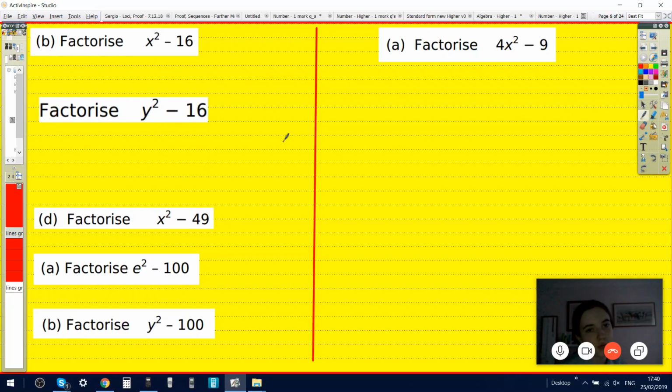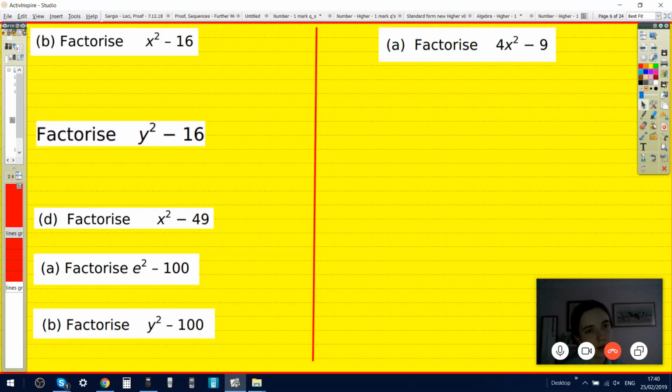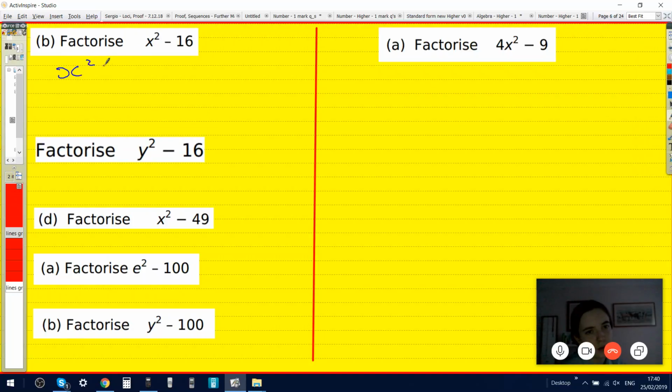That would give you a minus 8x in the middle. This is the same. So you know when you're factorizing quadratics, this is the same as x squared plus 0x minus 16. So if you were factorizing the quadratic and that's what was given to you, what would be your answer? How would you do it?